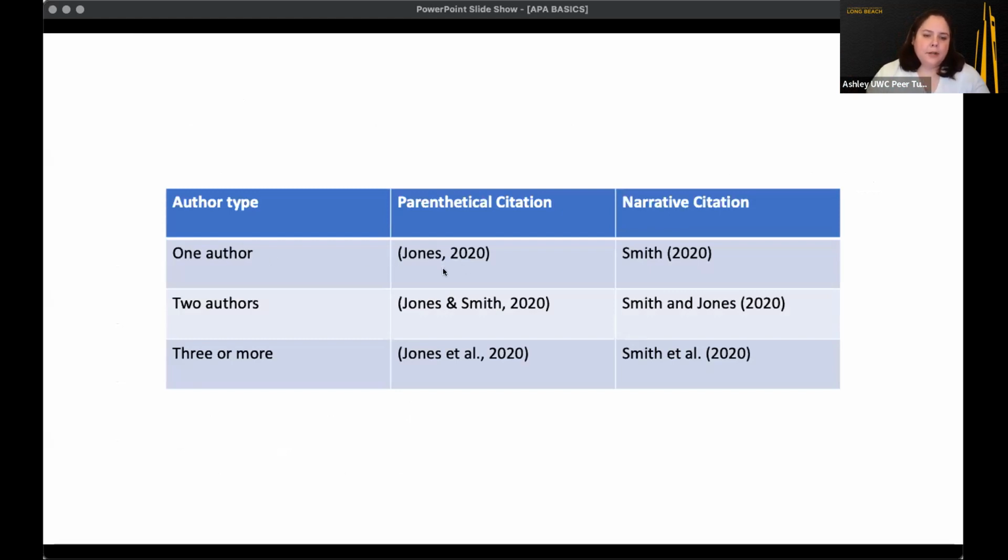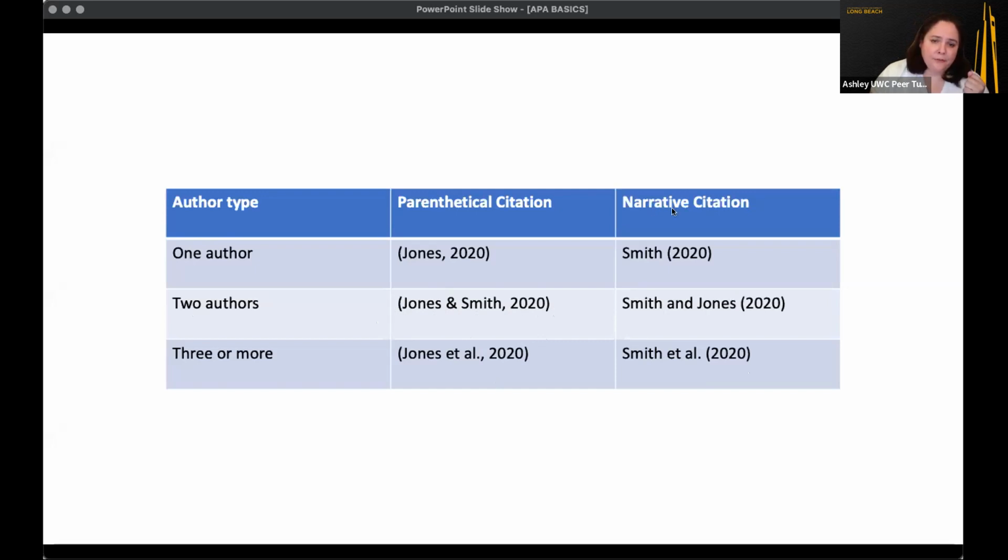Author, last name, comma, 2020 for the parenthetical citation. And in a narrative citation, you put Smith outside of the parentheses and only put the year in the parentheses. For two authors, you put both last names in the parenthetical citation with the ampersand in the middle and the year.